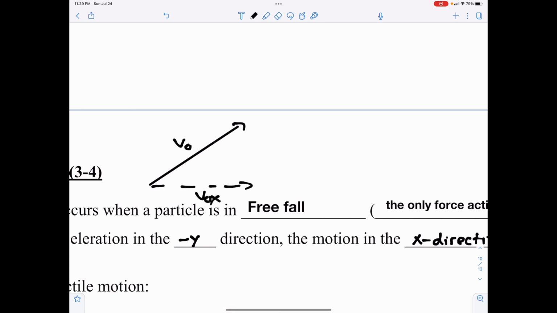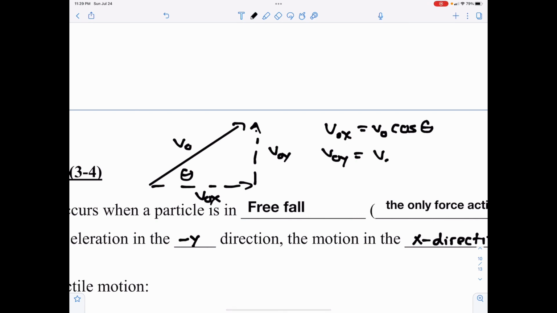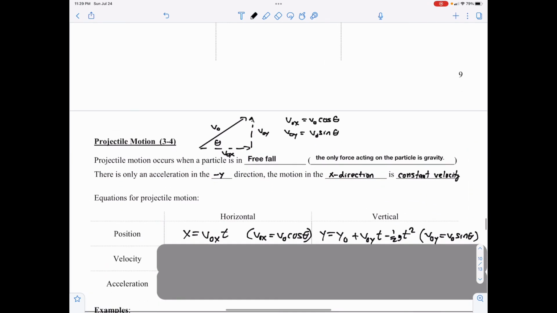This is v naught x. This is v naught y. This is angle theta. V naught x is the adjacent side of the triangle, and the hypotenuse is v naught, so v naught x is v naught times the cosine of the angle. V naught y is the opposite side of the triangle, and opposite always goes with sine, so v naught sine of the angle. We'll need both of those.